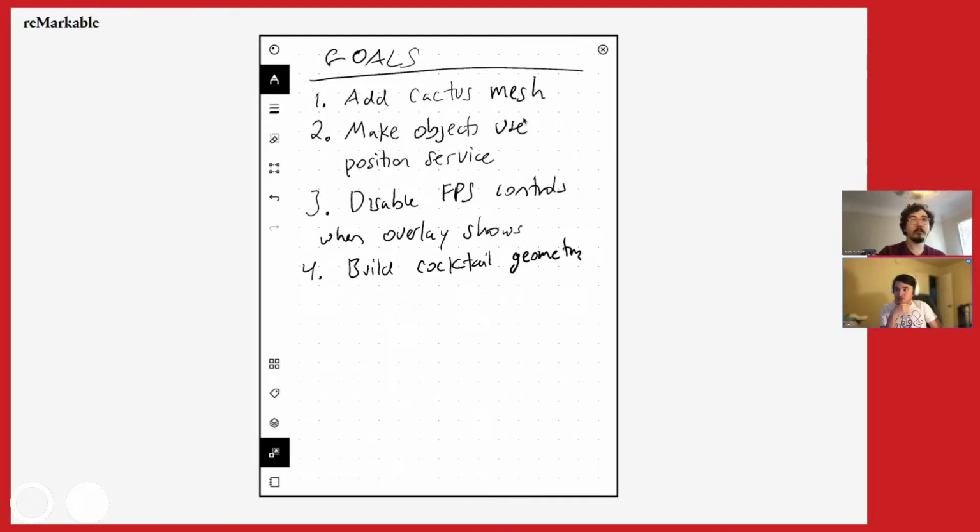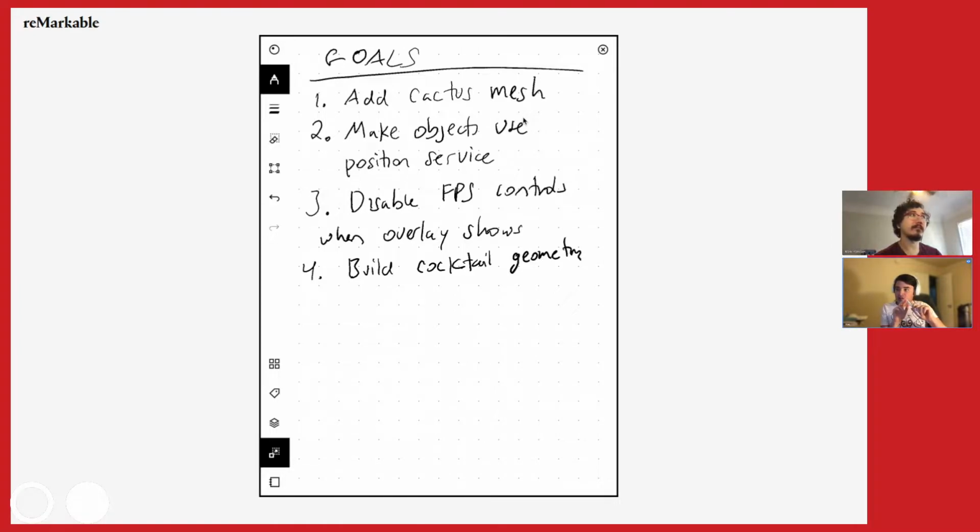I also have a service that makes it easier to position objects like the crystal ball and eventually this cactus within the scene so that I don't have to remember where those positions are. I can show you the Blender scene in a second and explain how that's set up. But I've got a service that can register positions of objects by their names, and then the objects can look up their position and know where to go.